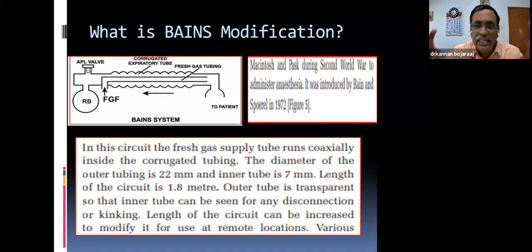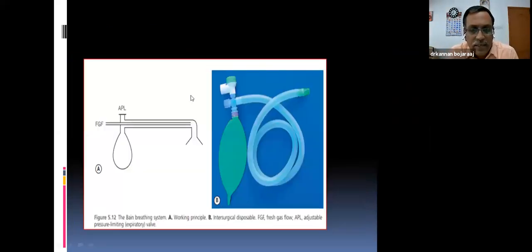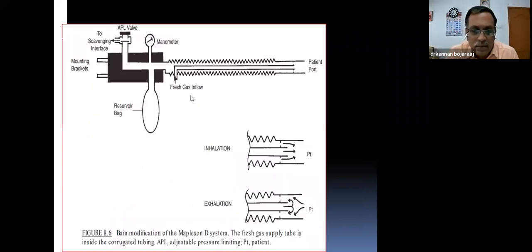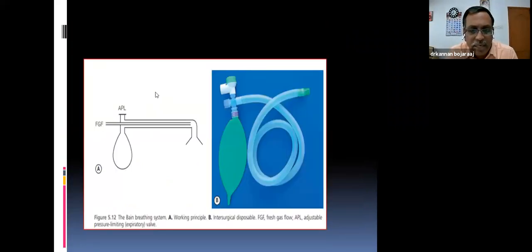And that is the modification done in Mapleson D and anesthesia practice also. See, this is the schematic diagram of this Bain system, and that is the original Intersurgical Bain circuit with the APL valve, and the APL valve can be connected to the scavenging port.